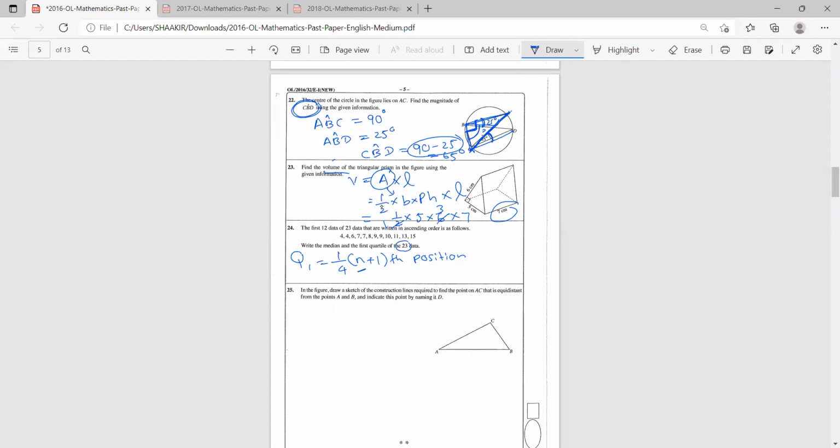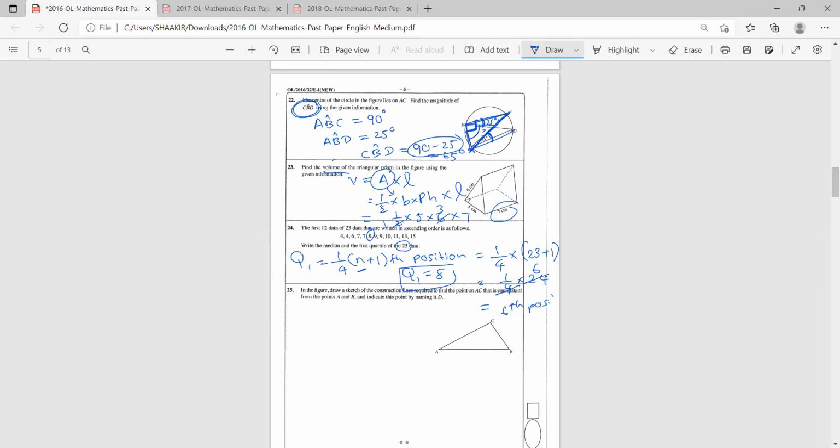So now I'll substitute that, children. 1 over 4, n is 23 plus 1. 23 plus 1 is 24. If you simplify, children, it will give you 6. So the sixth position. Now count and see what the sixth position is. 1, 2, 3, 4, 5, 6. In the sixth position, what is the data? We have 8. Therefore we can say Q1 is 8. That is the first quartile.